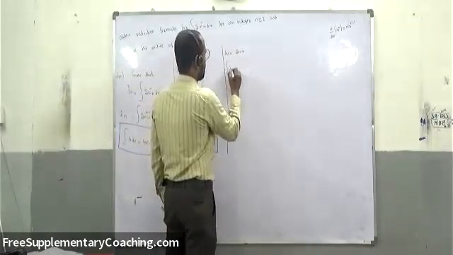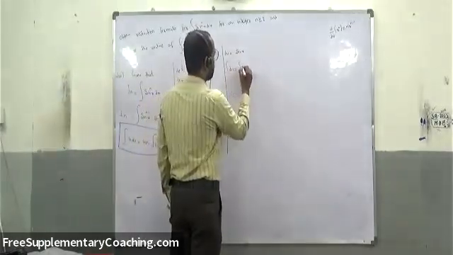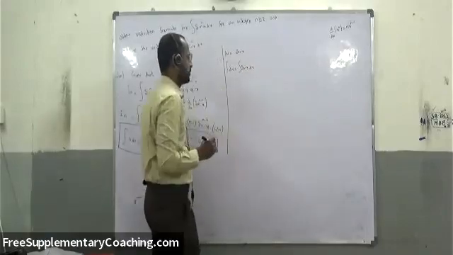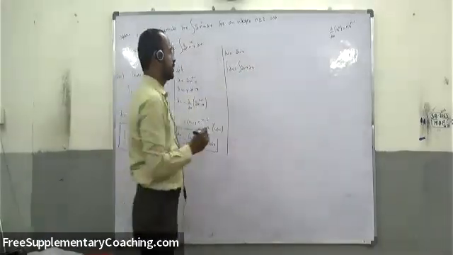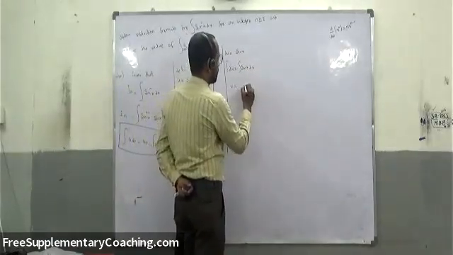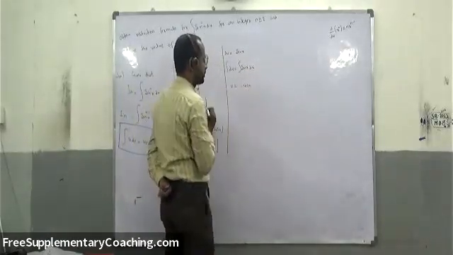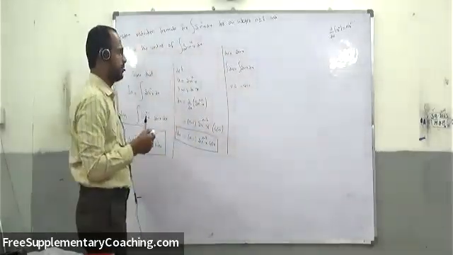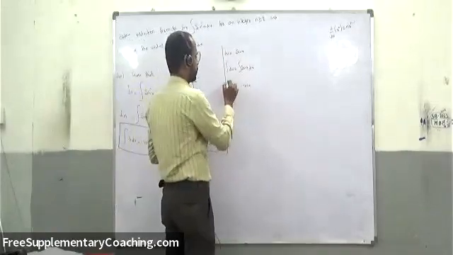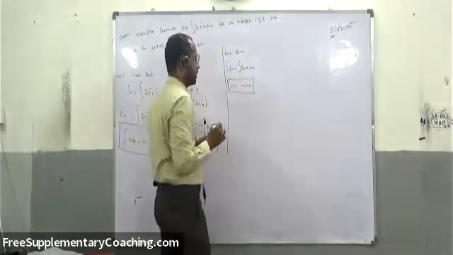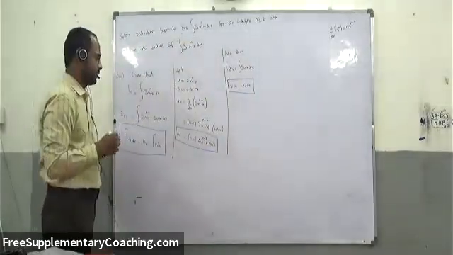You will get integral dV is equal to integration of sin x dx. Integration of dV is V. Integration of sin x is minus cos x. So these are the values that we have to use in our reduction formula.